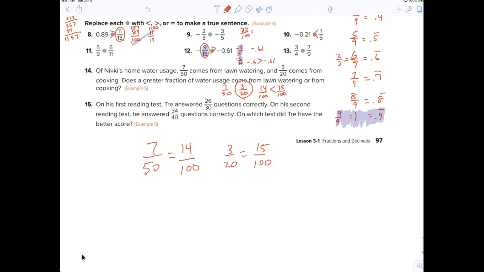And then you can see the decimal. This decimal is 0.14, and this decimal right here is 0.15. Or you can just say 14 over 100 is less than 15. Agreed?